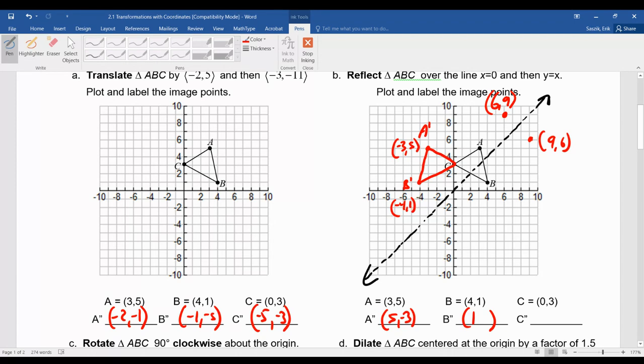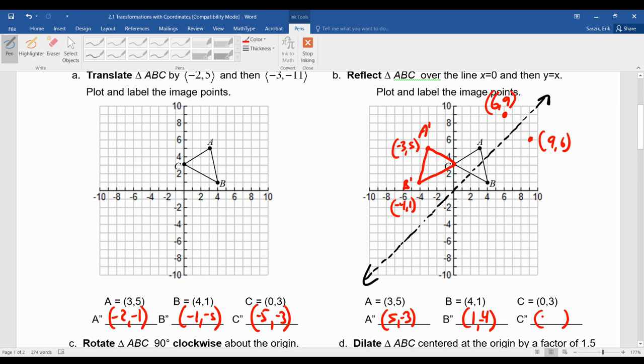Okay? But in quadrant 4, that's negative. And here, if I flip over this y equals x line, down 1 over 1, down, I'm going to end up on the x-axis.